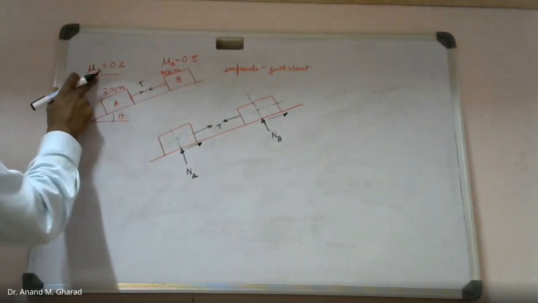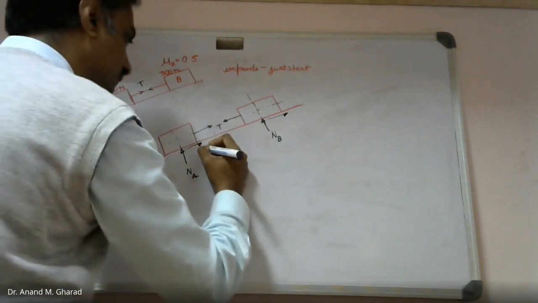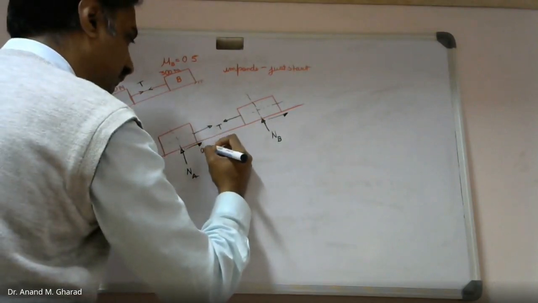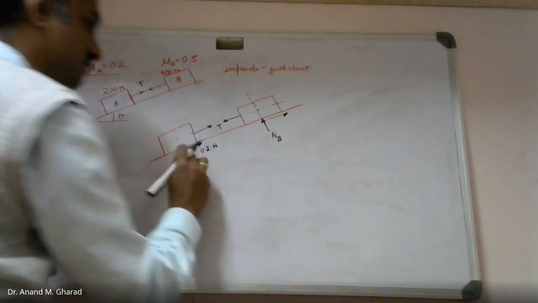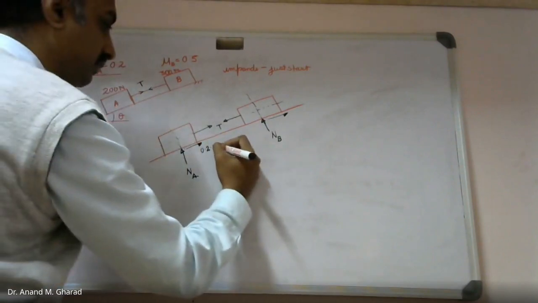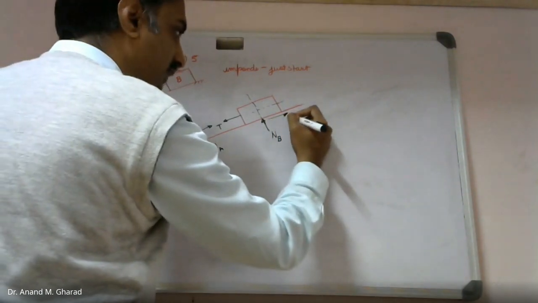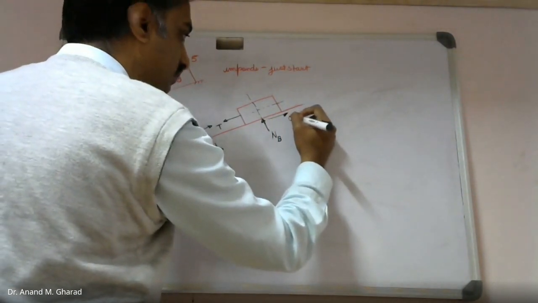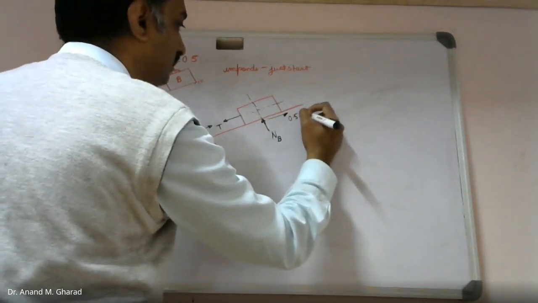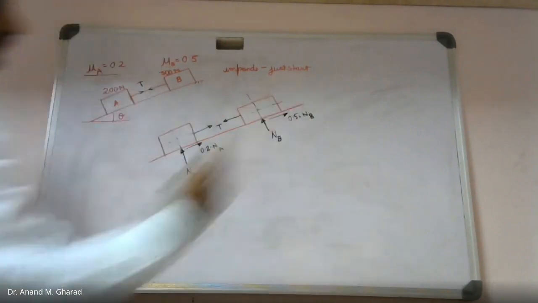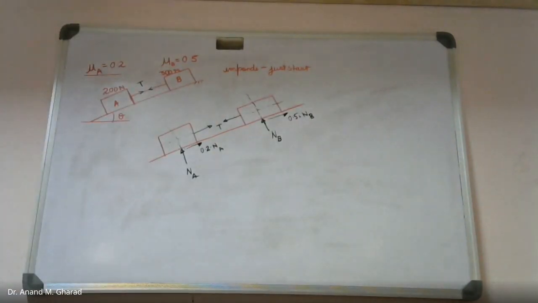We know mu A is given as 0.2. So since this is F max, this will become 0.2 times NA, and this again is F max, therefore it is 0.5 times NB. This is what we have. One more piece of information is the self weight.